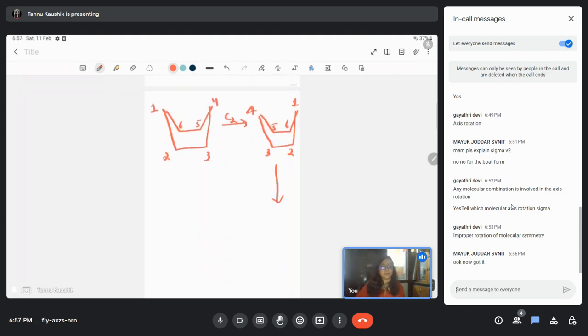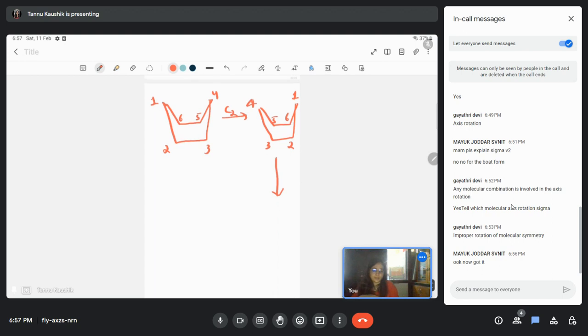Then we have to do the reflection along a plane perpendicular to the principal axis of rotation, which is C2 here.